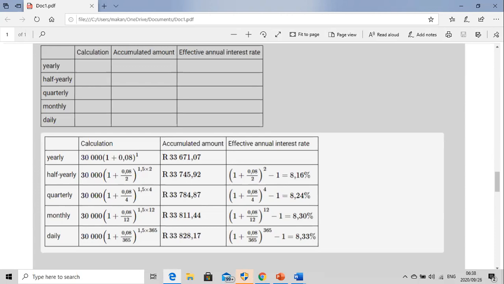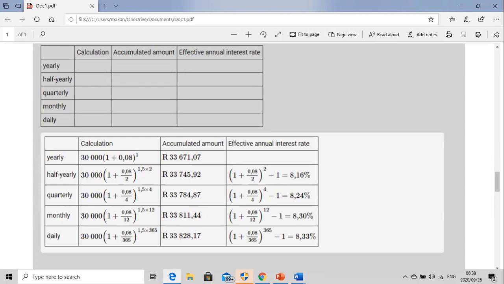Remember, if you do it quarterly, because a year consists of 4 quarters, half a year will consist of 2 quarters. So it will be 6 all in all. There will be 6 quarters there in 18 months. You can tell that if you compound it 6 times, it will increase your investment.